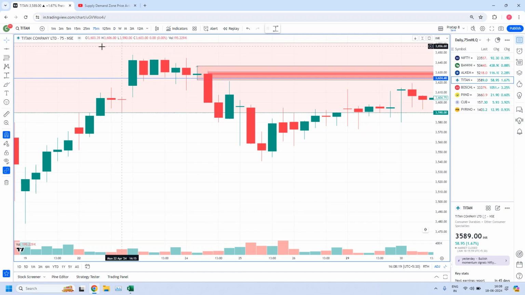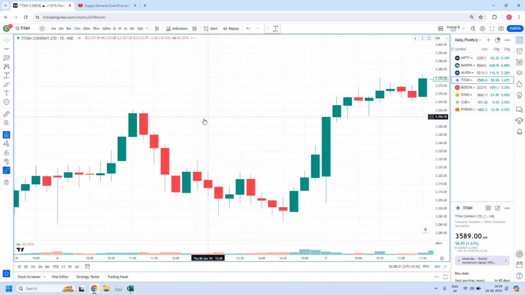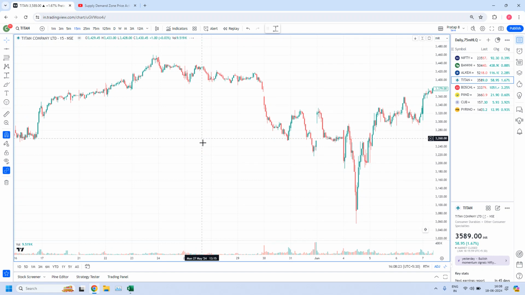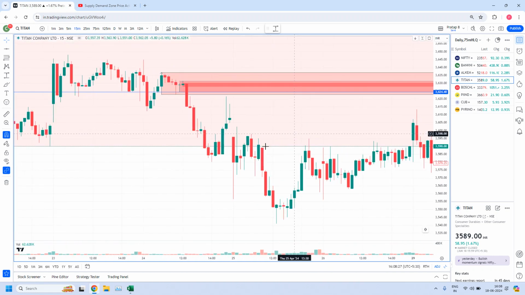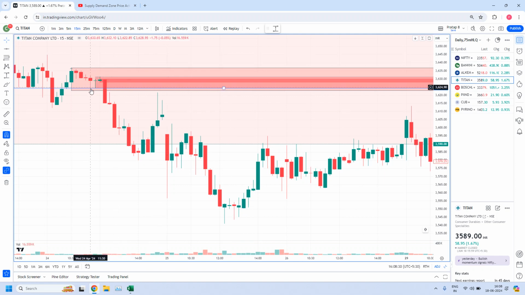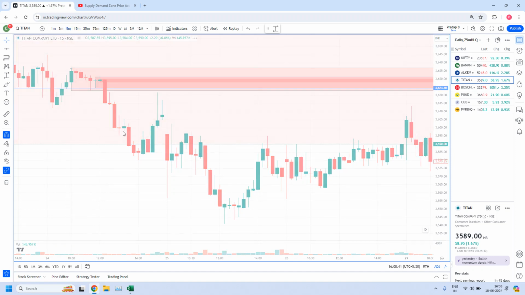Inside this 75 minute zone, again I identified the 15 minutes zone. Here again you have an ERC candle as a leg-in, two base candles and a drop candle. So this is the 15 minute zone. Inside this 15 minute zone, again we identified a fine-tuned 5 minute zone.